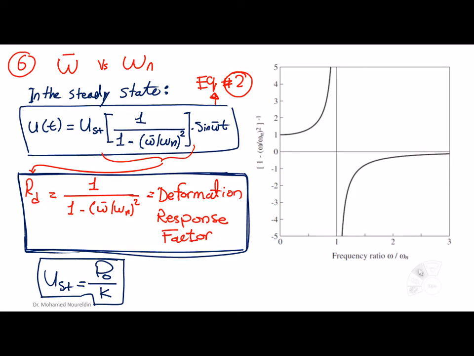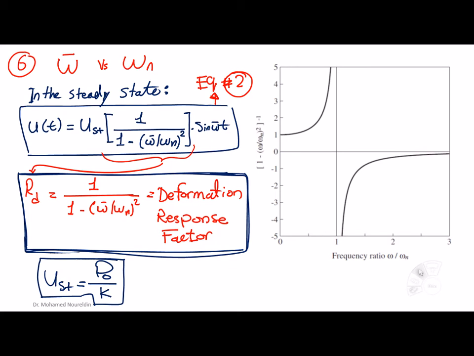We are going to draw a relation between this RD and this ratio, omega bar over omega n. Take care, we are focusing on the steady state part, which is the part of the equation that is going to continue.